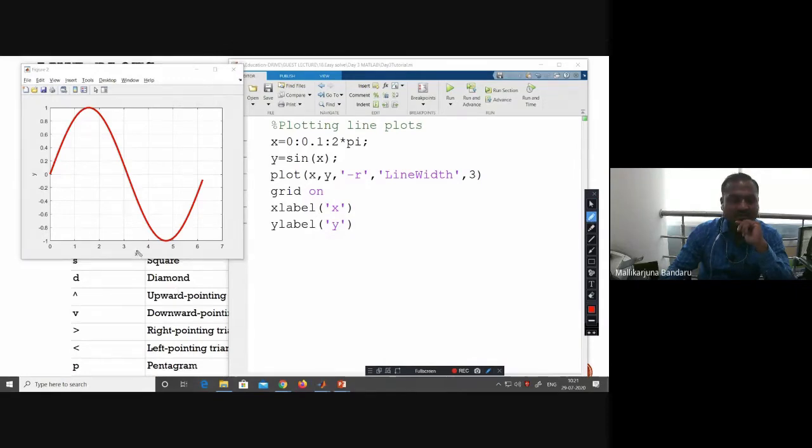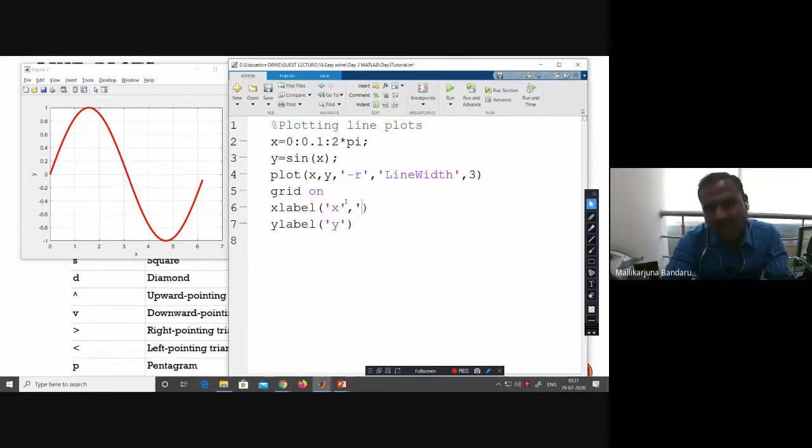But how do you increase text size in x label and y label? That is also important, right? So see, here the font size. Font size, if you want 20, the same thing you can use for this.